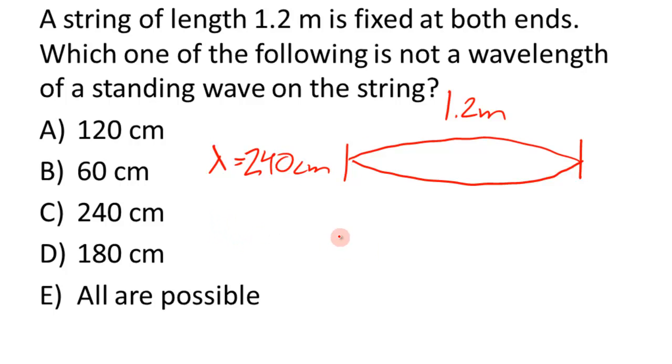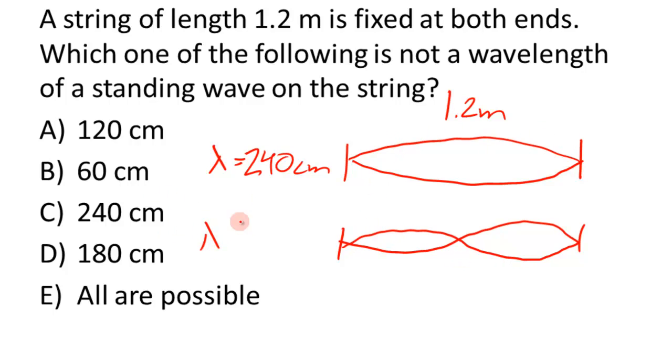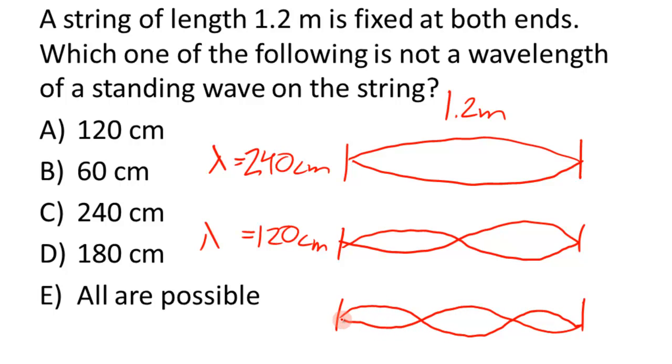The next possible harmonic is our second one. And again, the distance is 1.2. And now here you can see the wavelength is 1.2, so that's 120 centimeters. Then the next one is going to be the third harmonic, and what's going to happen is the wavelength is going to be this distance.